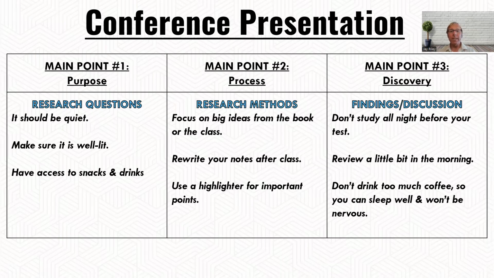Then our second point is how did we answer this question? What are the research methods? And then finally, we're going to present our findings and we're going to present our discussion. So this is really similar to our dissertation or thesis format.